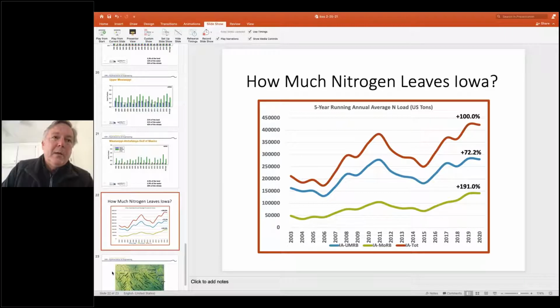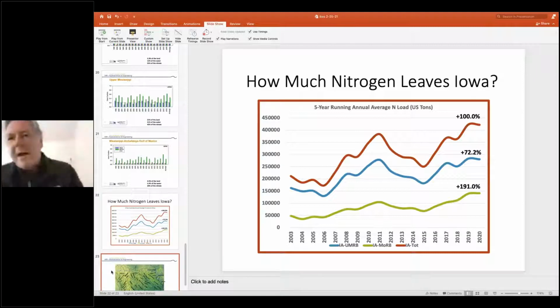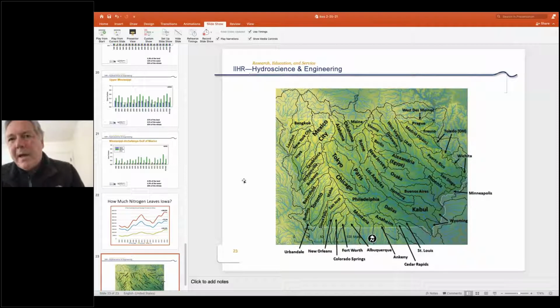A big question we have is related to this map. We know that we've had a real intensification of livestock production in Iowa. Our number of hogs have gone from about 14 million to about 25 million today.